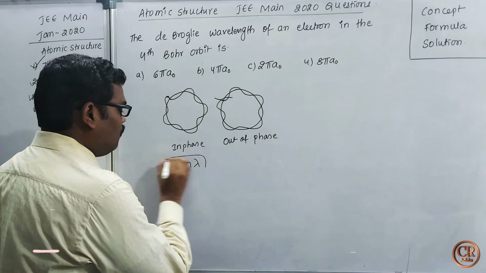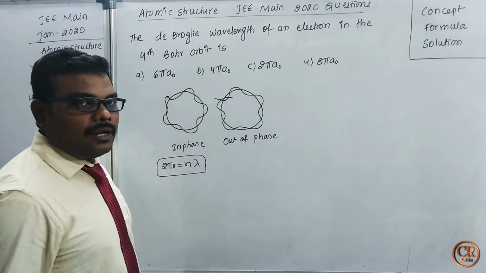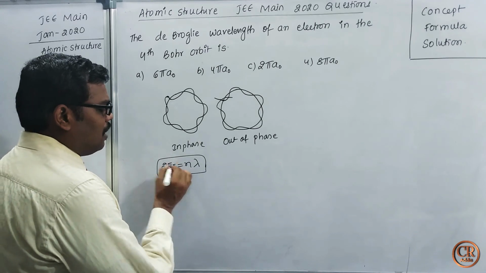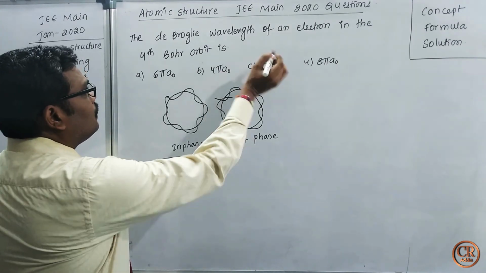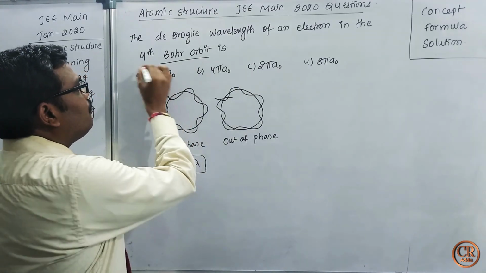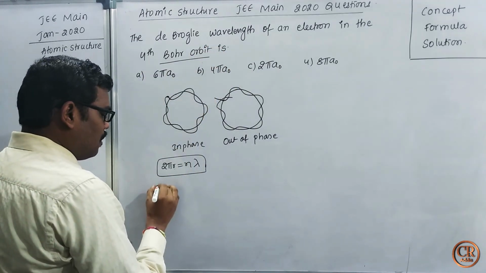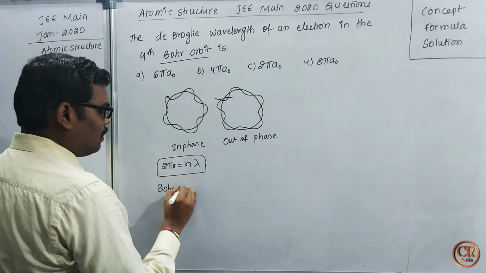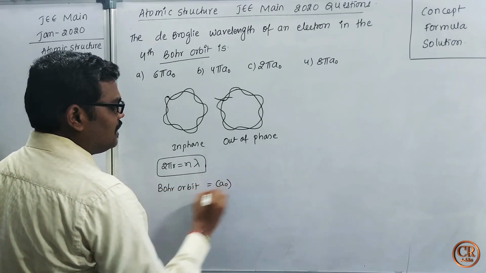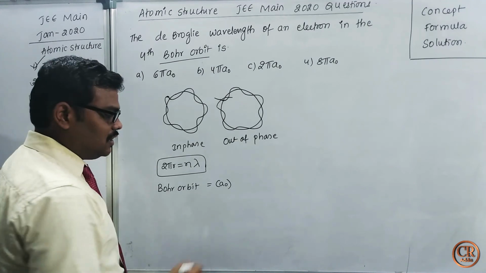This is the suitable formula. Now in this formula, we need to substitute the r value. As you know, for the Bohr orbit, the radius is expressed generally in terms of A0.